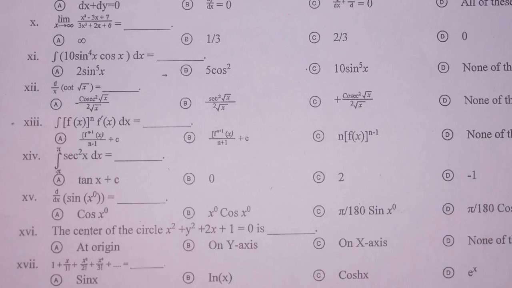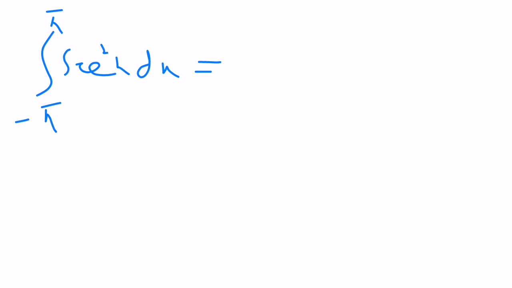Integration of secant square x into dx from minus pi to pi. We know that the integration of secant square is equal to tangent x from minus pi to pi.